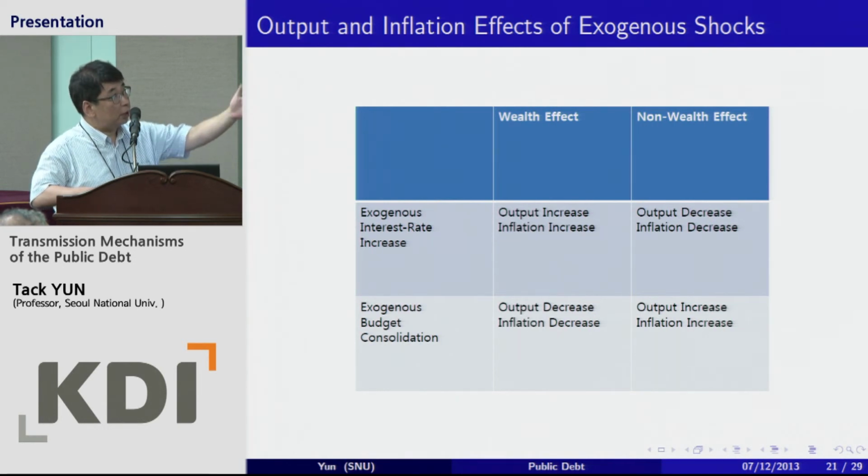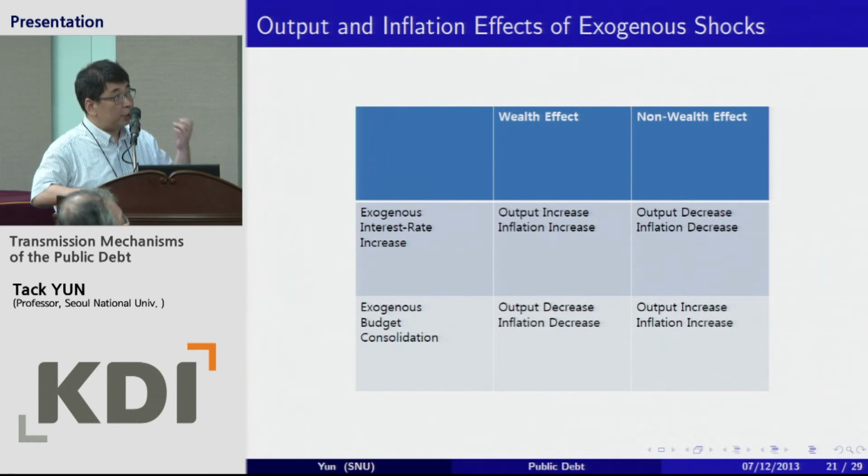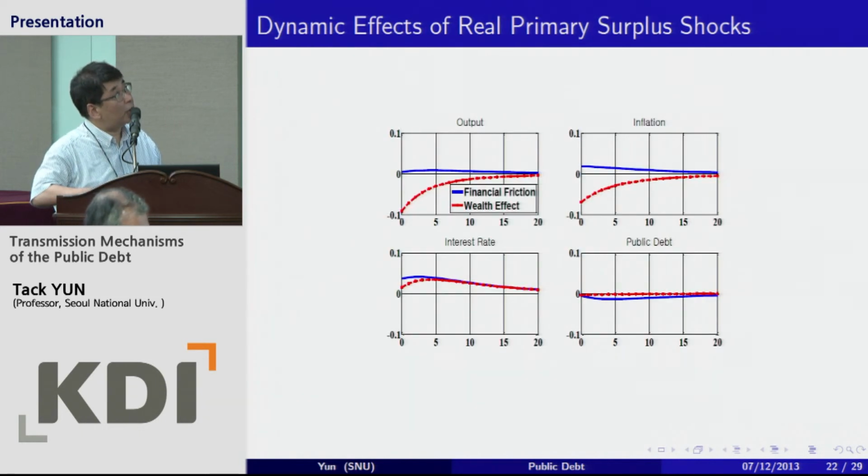If you look at the lower panel, in the case of the exogenous budget consolidation, the impact is an output increase and an inflation increase in the case of the IS curve with negative public debt, but in the conventional case, output decreases and inflation decreases. So there is also a difference in terms of the business cycle impact of the exogenous shocks.